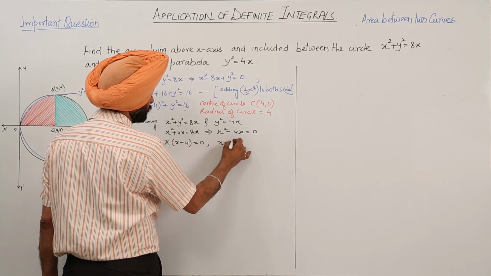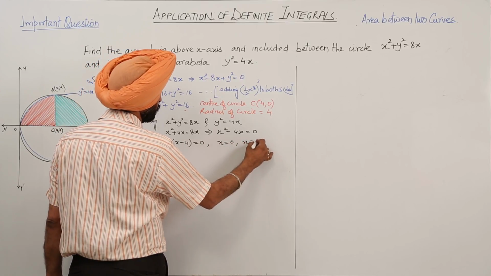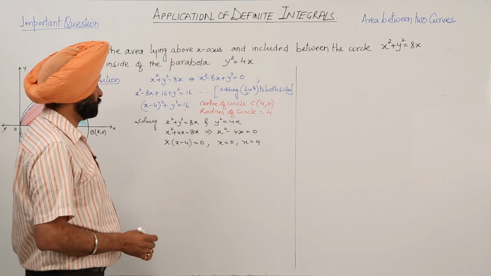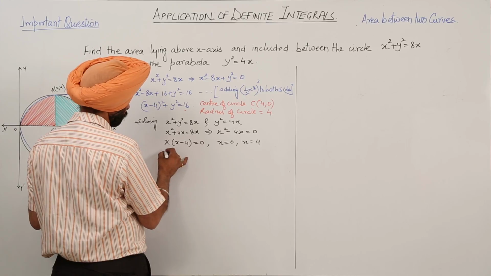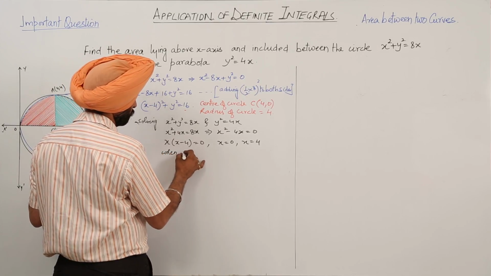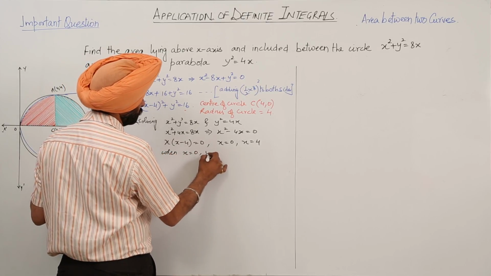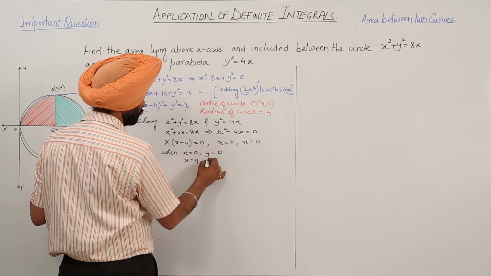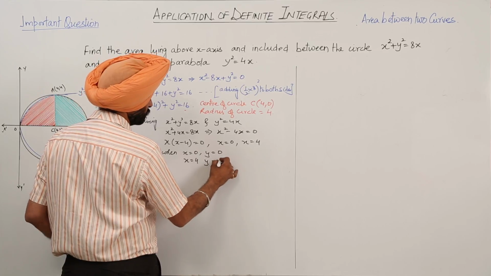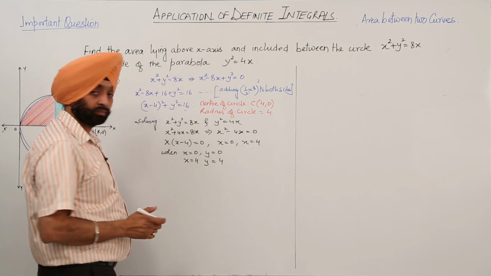So we are getting x is equal to 0 and x is equal to 4. Now when x is equal to 0, y is equal to 0; when x is equal to 4, y is equal to 4, putting in this equation, okay.